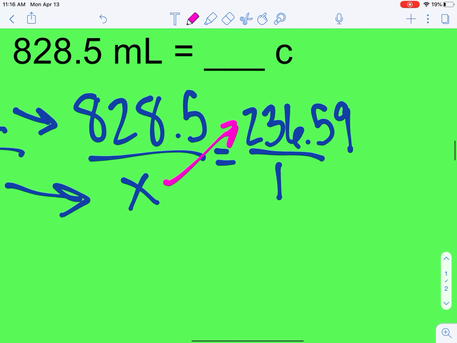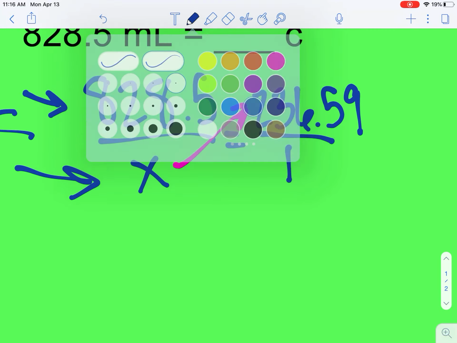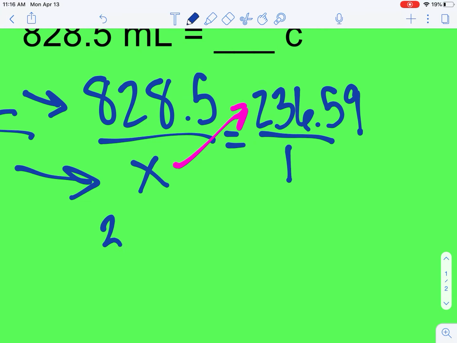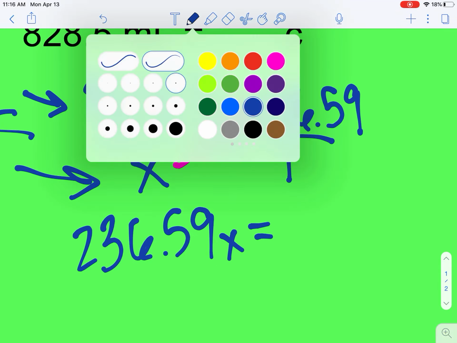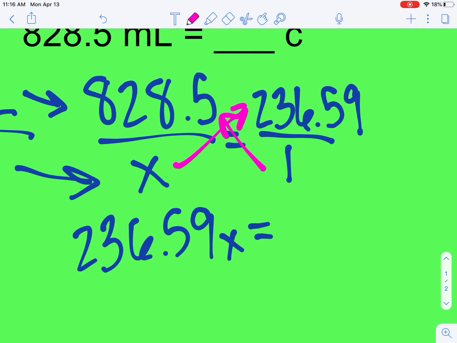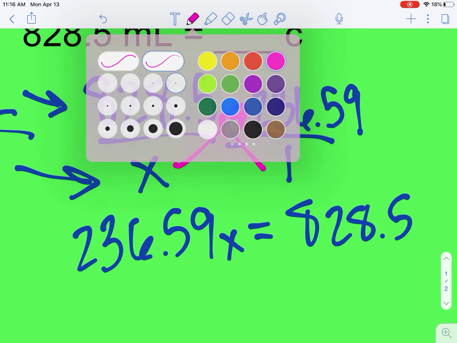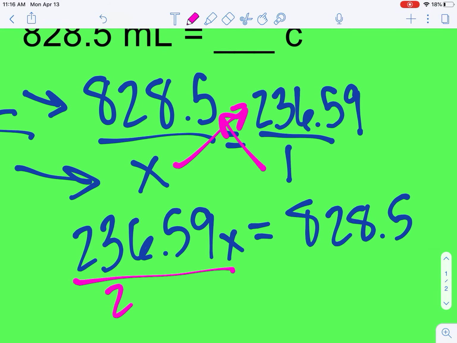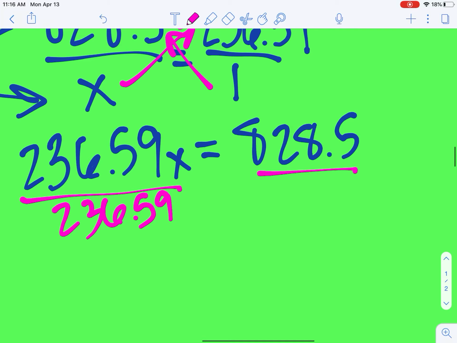So x times 236.59, x equals 1 times 828.5, which is just 828.5. All right, divide. We're going to divide by 236.59. Aren't these numbers fun?